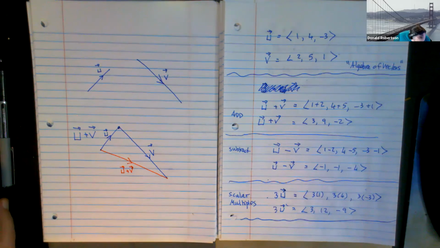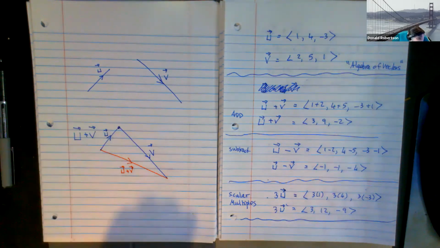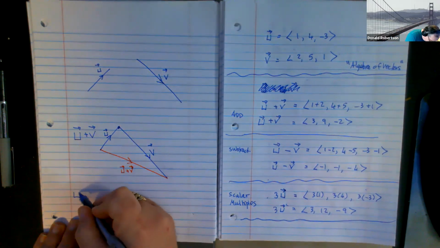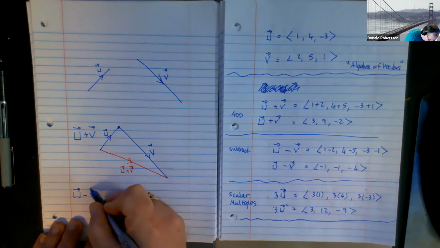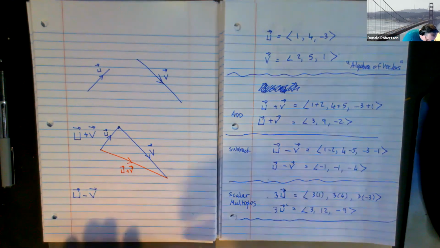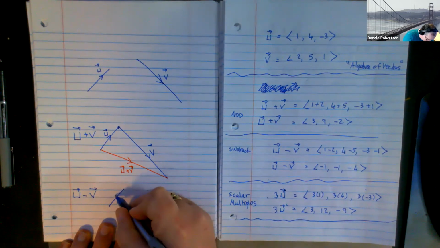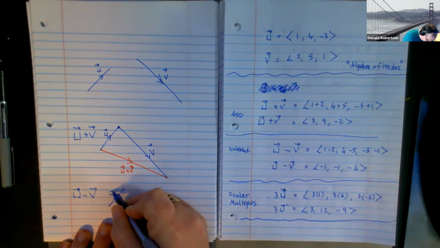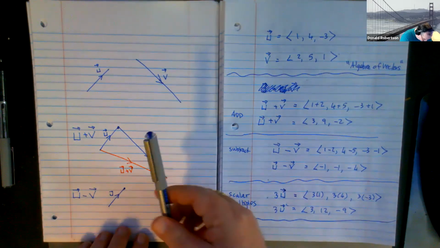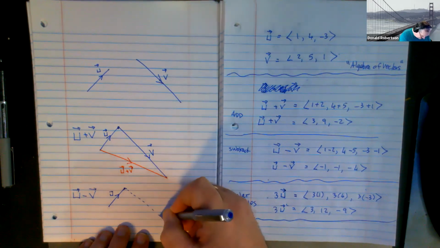Now, I've been a bit over generous with my spacing, so I'm going to have to squeeze the next one in. Let's look at what that would look like. Well, you start off with u, and you end here. Now, if I was doing v, wouldn't I be going down this way? Just like I did there.